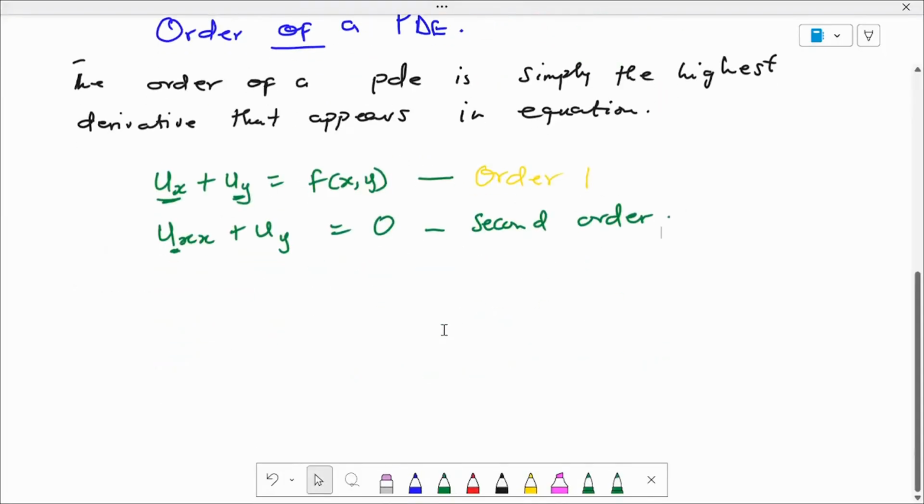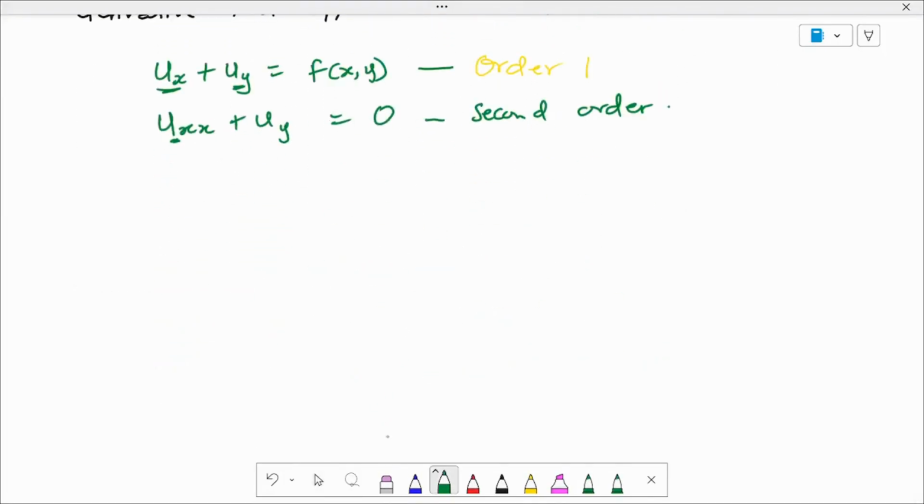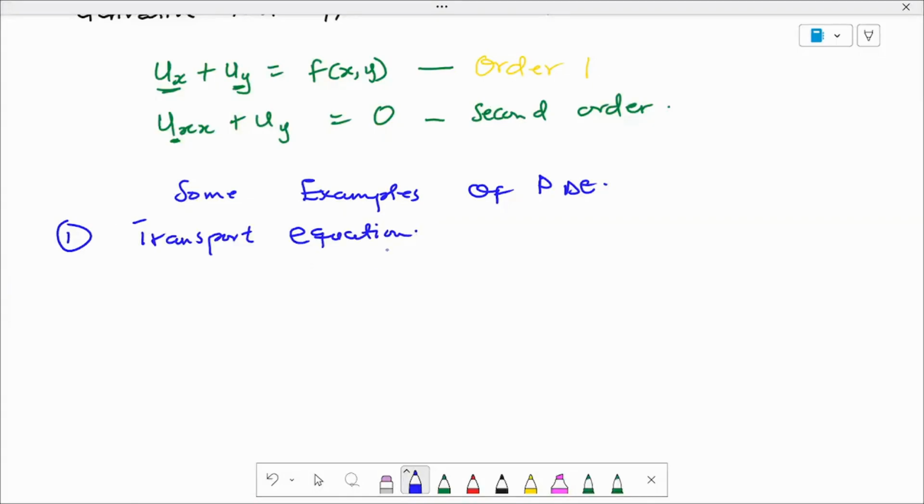Let's look at some examples of PDEs. We can talk about the transport equation, which is simply given as ut plus v ux equal to 0.